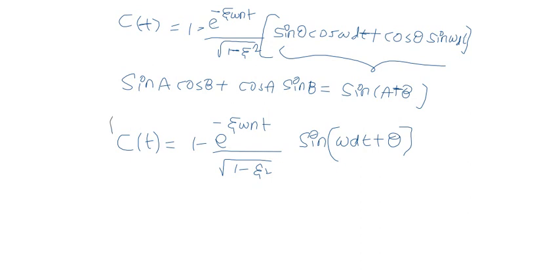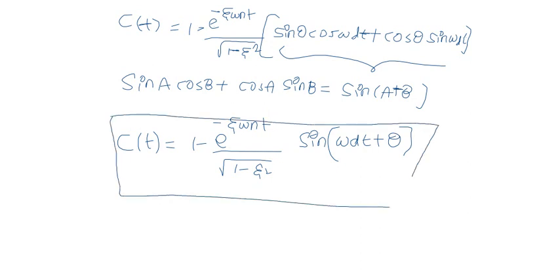So if you want to draw the response of the system, here we are having one steady state term 1, and this is the transient term that is multiplied with the sinusoidal oscillations. So I am trying to draw the time response of this system. The time response is nothing but the system response with respect to time.